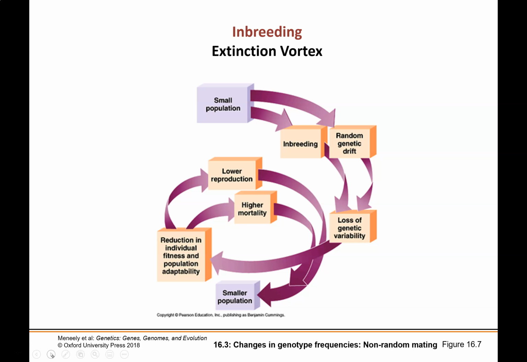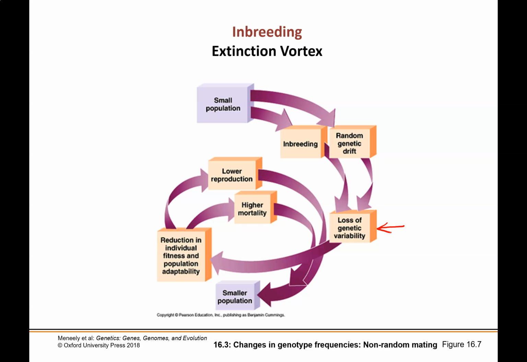When you have a population that is inbreeding, generally, if you're talking about organisms, it's forced inbreeding because their population is small and they have no alternatives but to breed with close relatives. You end up increasing the chances of those homozygous recessive detrimental alleles. And so if you have a population that is subject to inbreeding because they're already small, and then random genetic drift changes your allele frequencies, you're going to have a loss of genetic variability.